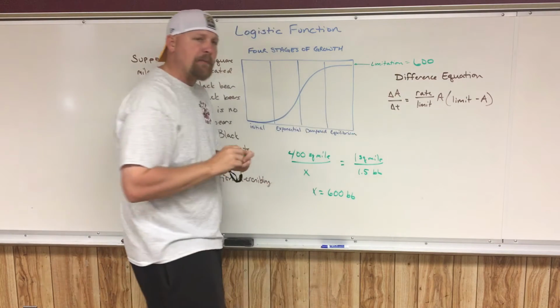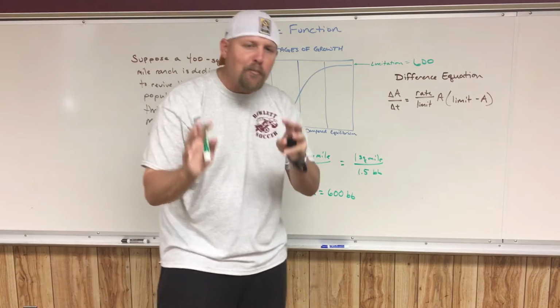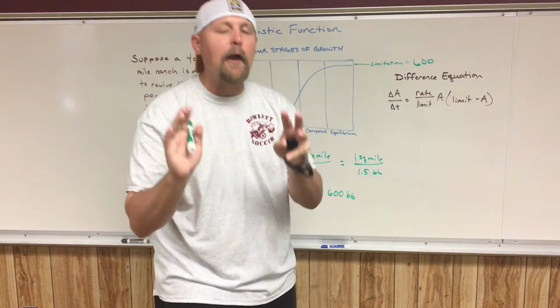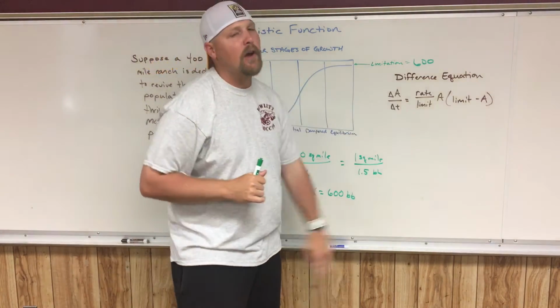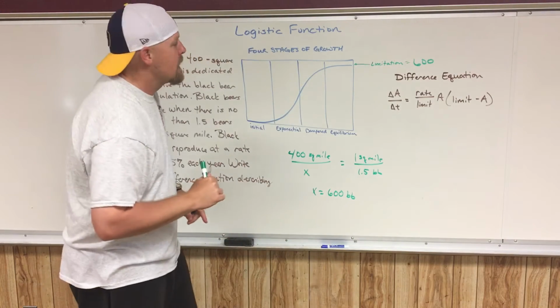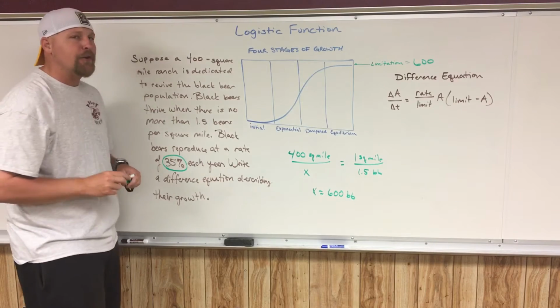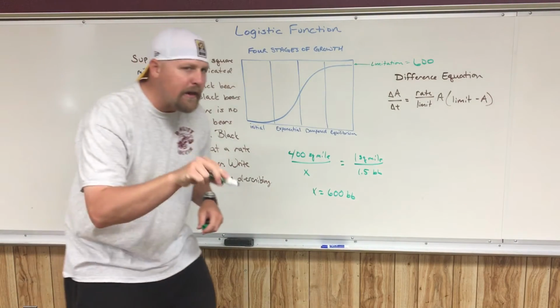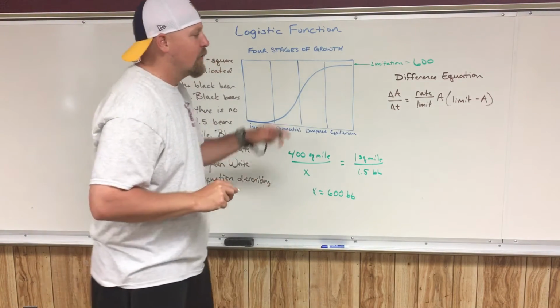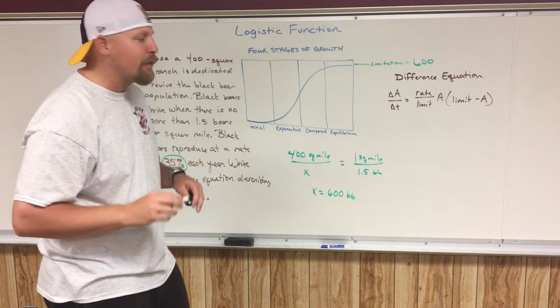So I know that my maximum sustainable population is 600 black bears. I also know here that my growth rate is 35%. 35% as a decimal is 0.35. So I can write my difference equation real fast.